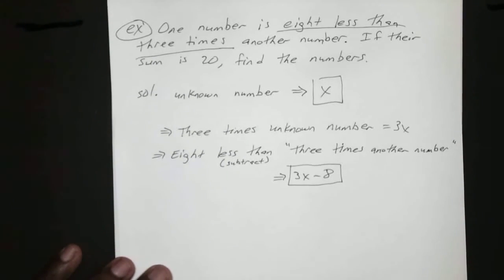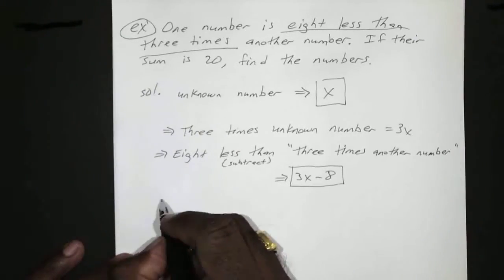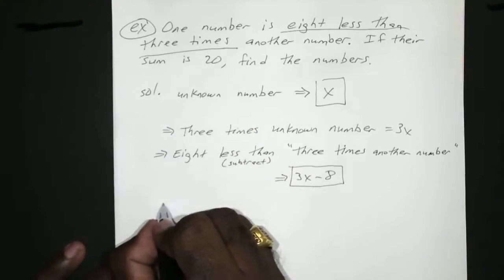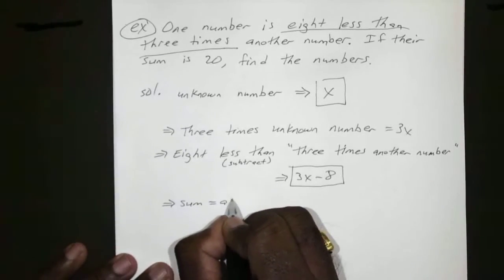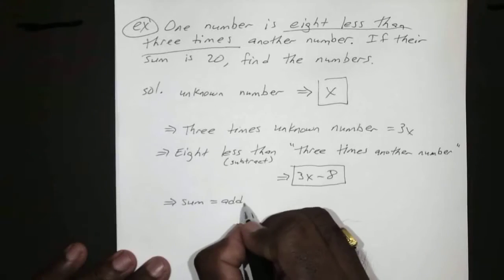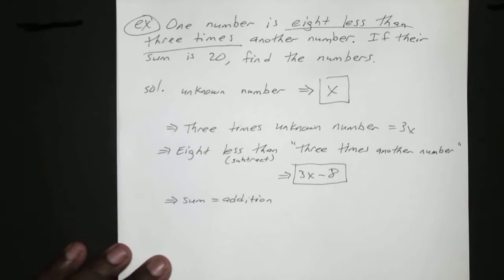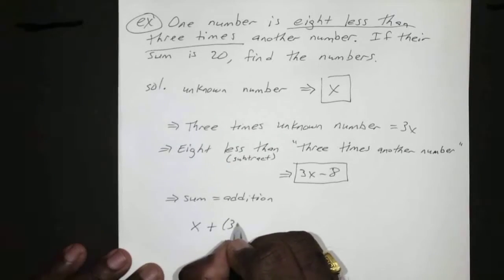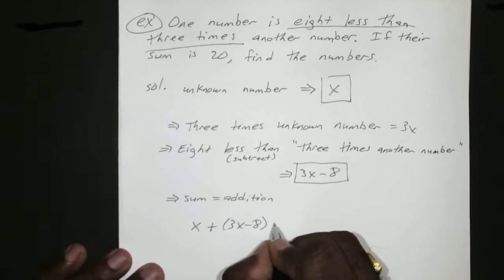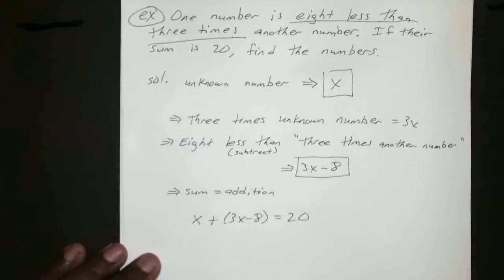We know that their sum, so if we add those two together, is going to equal 20. So we know that x plus 3x minus 8 is equal to 20.